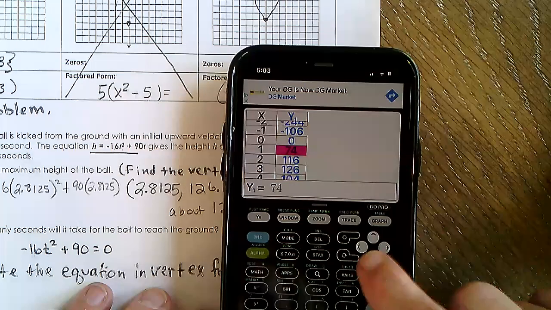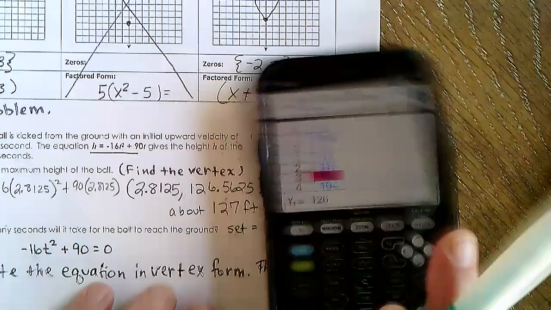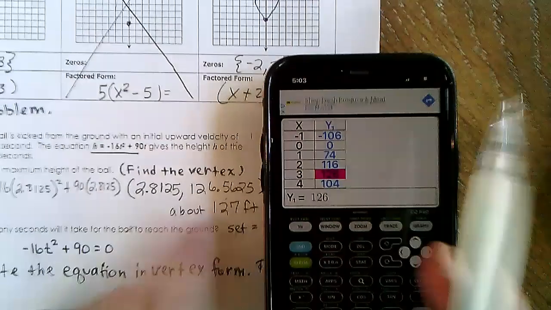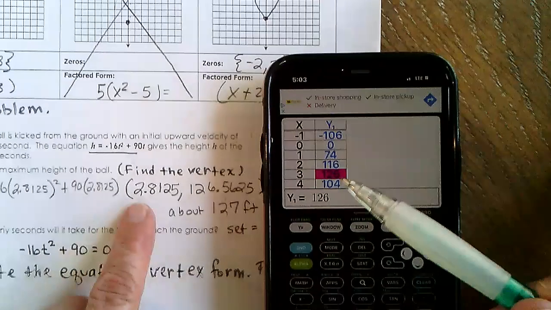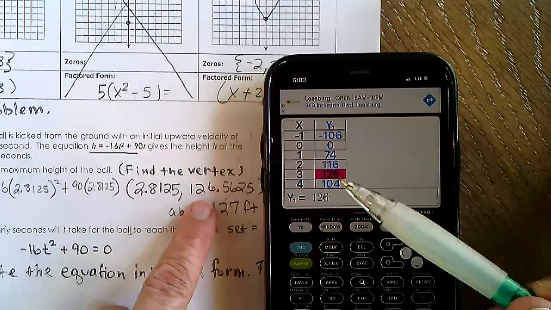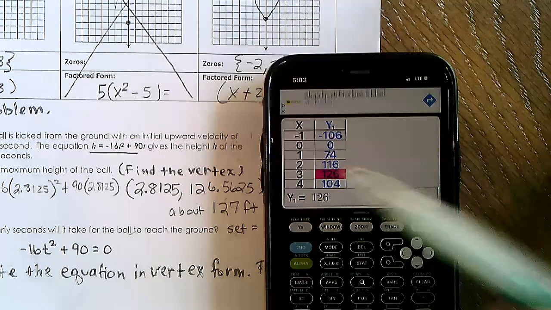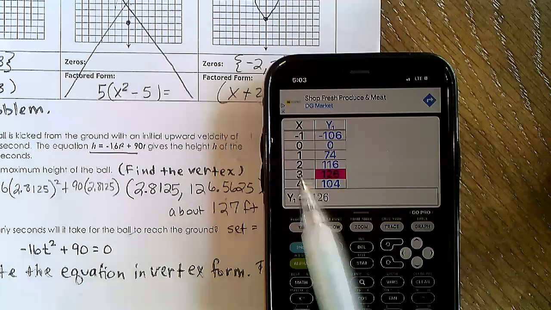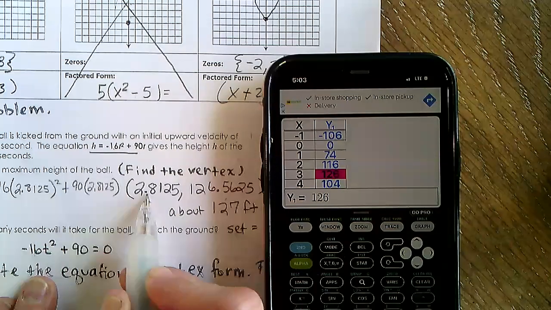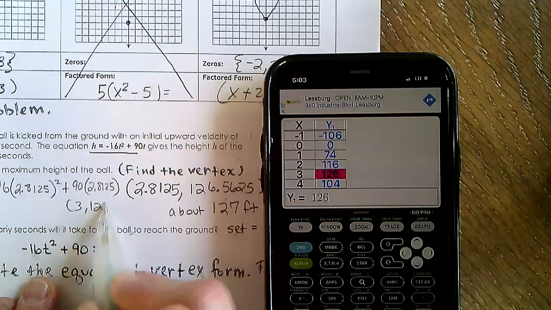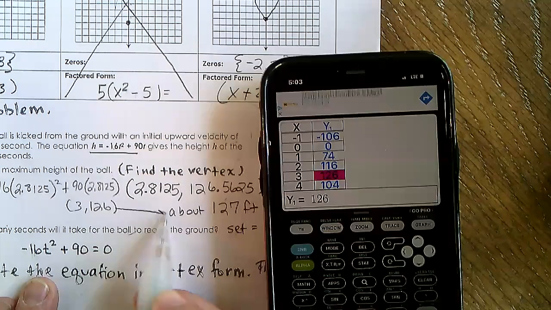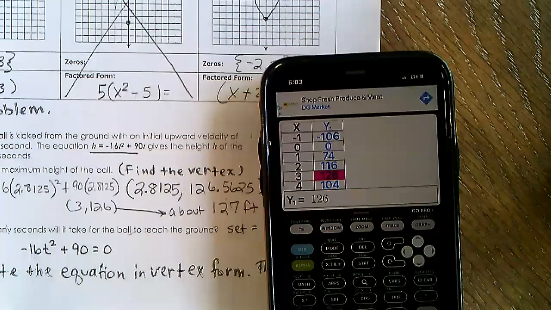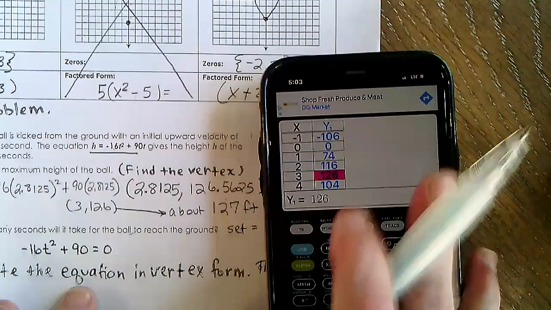All right, I'm going to go to 3. And see right there at 3 was about 2.8 and the height was 126.5, so that would be 126. So we could say let's round that to 3, and then the vertex would be 3 comma 126. So the height would be about 126 or 127. Again, you will not have decimals there.